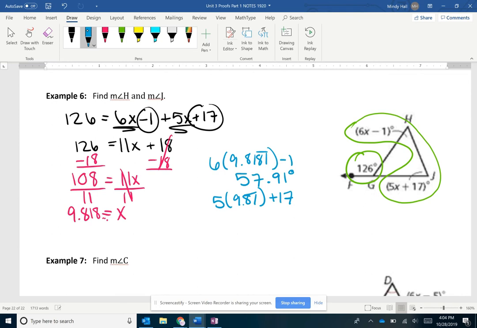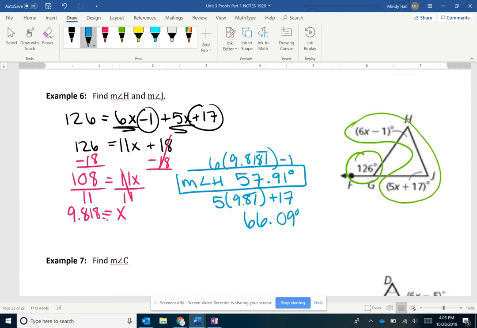And this, let's see, 6 times that was angle H. And then for the other one, times 5 plus 17 would give us 66.090.